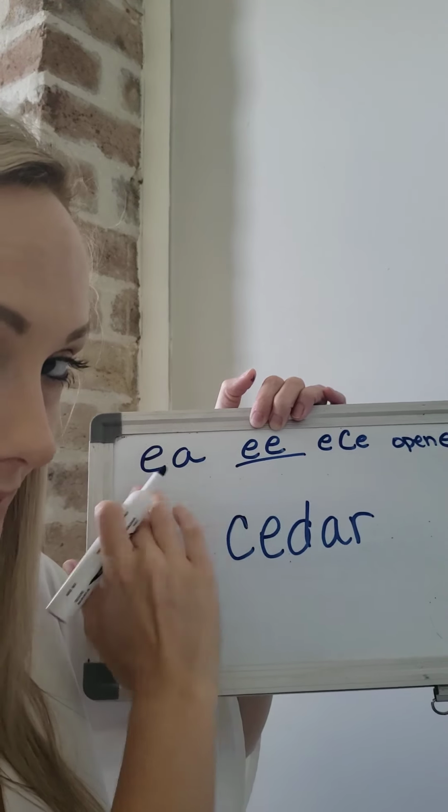Cedar. Our syllable break is right after that E. So this is an open E pattern word. And just like it says in our anchor chart, that is going to be accented in the first syllable. So it goes under open E, and it's accented in the first syllable.